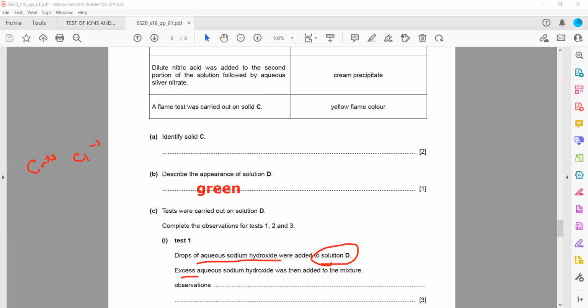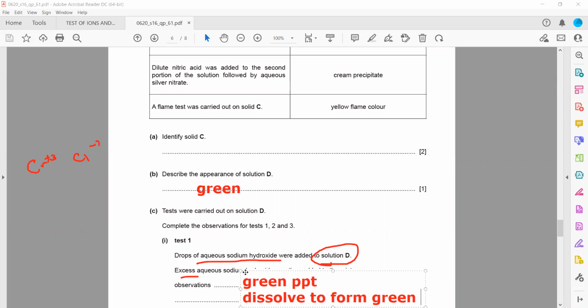If we have chromium and we add sodium hydroxide, we observe a gray-green precipitate, which dissolves to form a green solution. So here you will write green ppt, dissolves to form green solution.